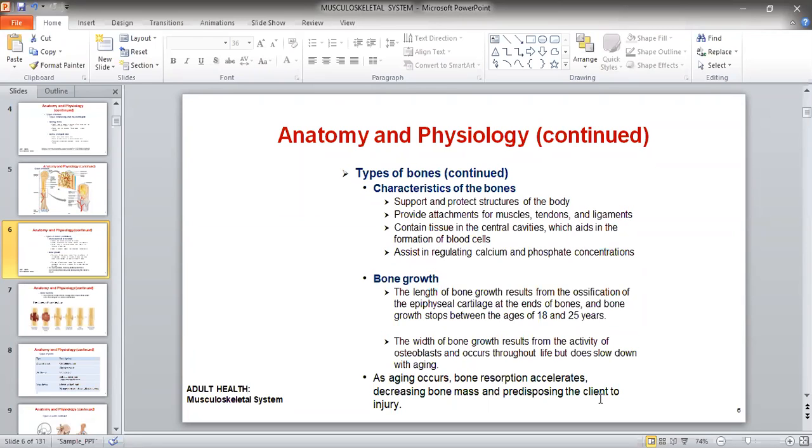Keep in mind, the bones contain two types of cell. One is called osteoclast, the other is called osteoblast. Osteoblasts are bone forming cells. Osteoclasts are bone destroying cells or bone eating cells.